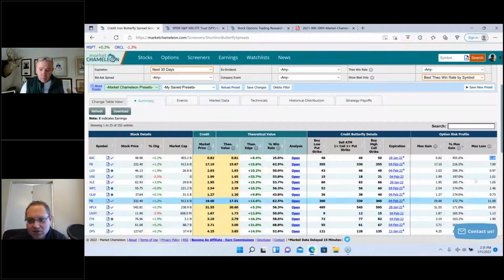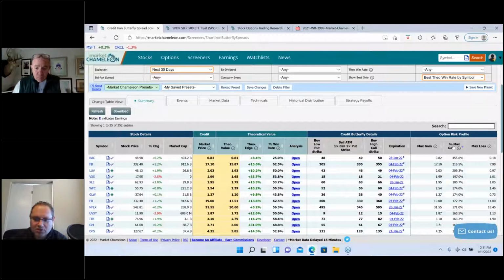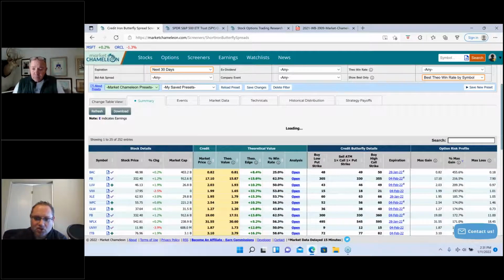So you could see your risk versus reward, you've got a gain of 455%. So some of these, if they work out, are big wins. And that's how you would look at this. So we could just sort it by this.